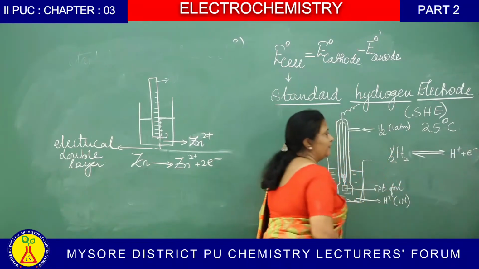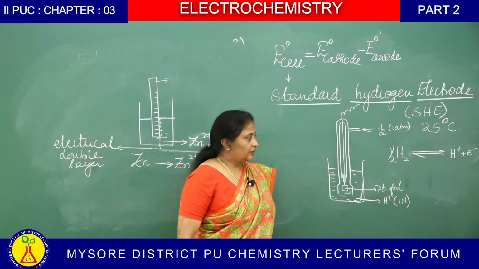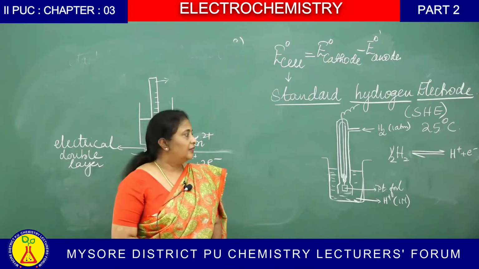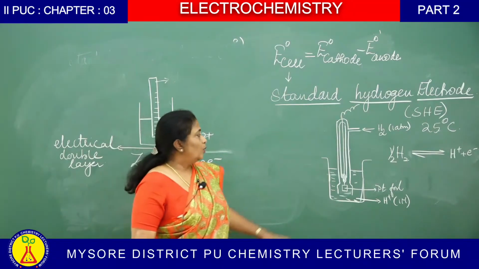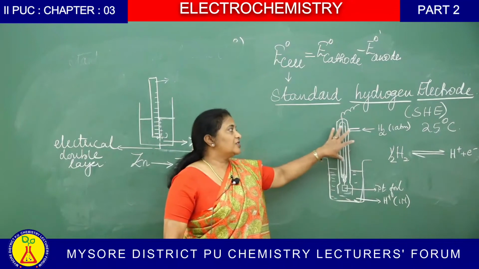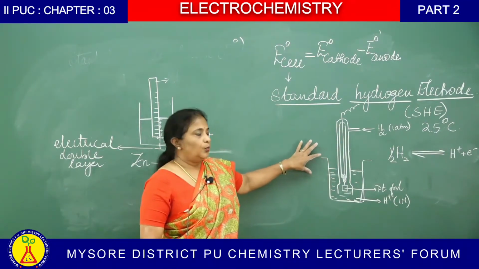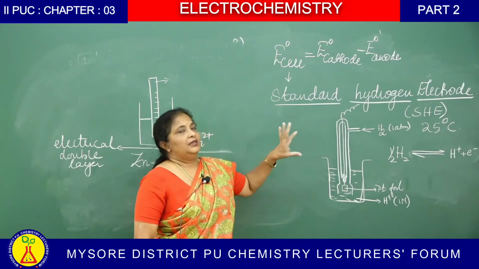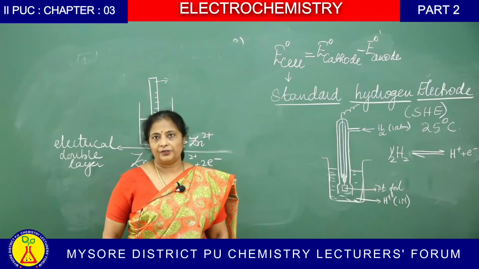If you see, I have put a reversible sign here. The reason for putting the reversible sign is that depending upon the nature of the metal with which this standard hydrogen electrode is going to be coupled, the hydrogen electrode can act like an anode or it will act like a cathode.